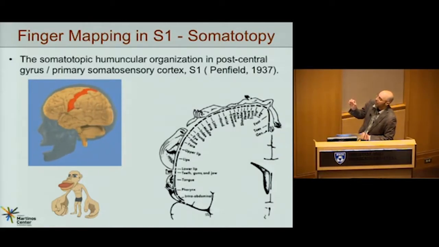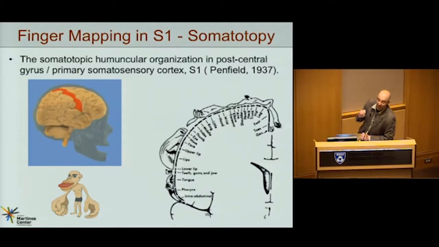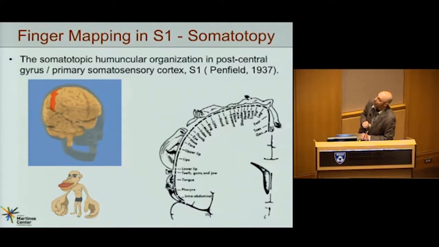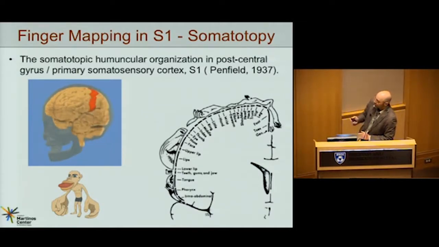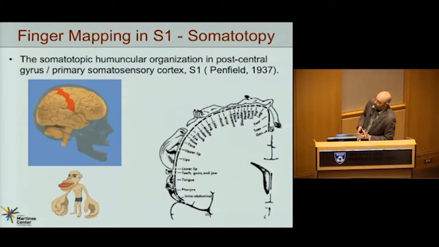He would literally take an electrode, zap different parts of the primary somatosensory cortex and ask the patient where they felt that sensation. By doing this procedure, he was able to map out S1, the primary somatosensory cortex in the brain.